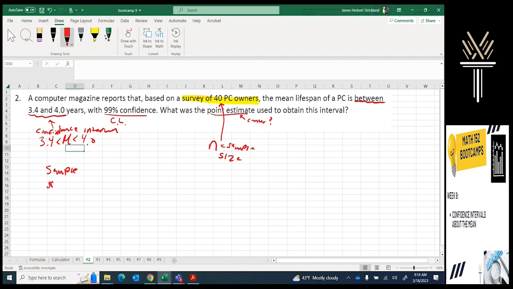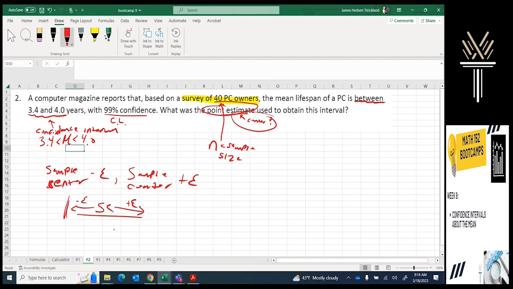I know I didn't say sample before, but when I said center before, I meant sample center. Which means that you're starting off with your sampled center in the middle, and we subtract an error and we add an error, which just means that if you want this point estimate, if you want that center, you just need to find out what's in the middle of your two endpoints. AKA, we just need to find the mean or the median of those two numbers.